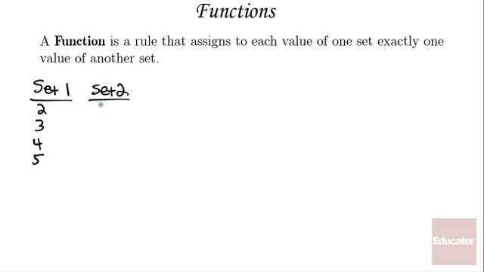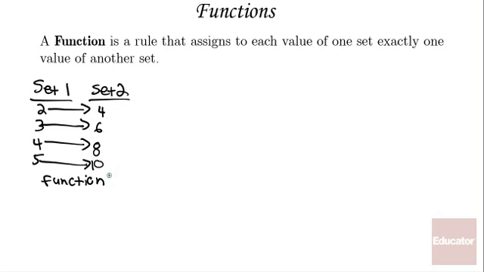And then my values for my second set are 4, 6, 8, and 10. If I say that one value from set 1 corresponds to exactly one value of set 2, I have a function. So this is an example of a function.